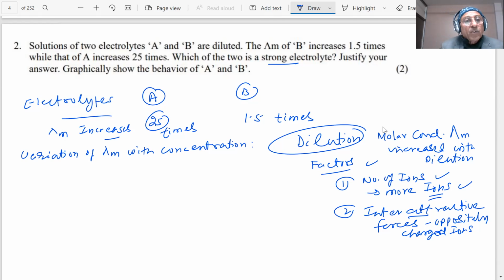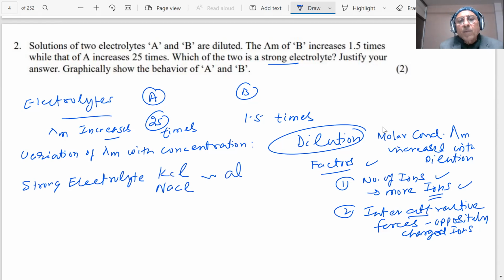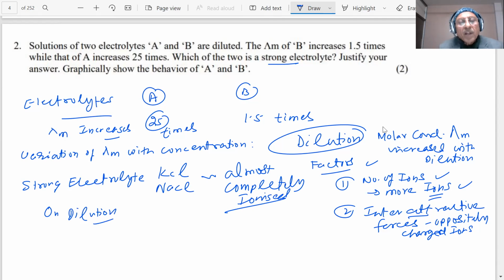Now what happens, students? You are aware a strong electrolyte like KCl or NaCl, we are assuming is almost completely ionized. So there is already complete ionization, but on dilution, what will happen? There will be a small increase in lambda m, students, due to the inter-ionic attractive forces between oppositely charged ions decreasing.